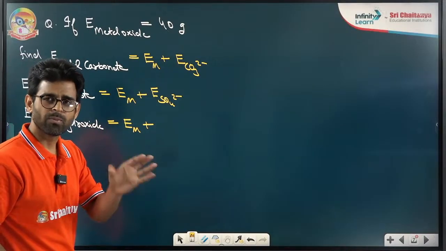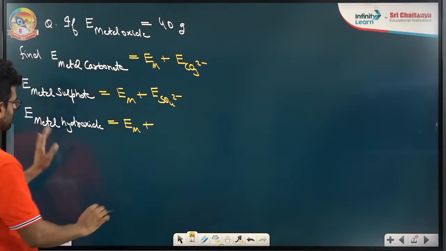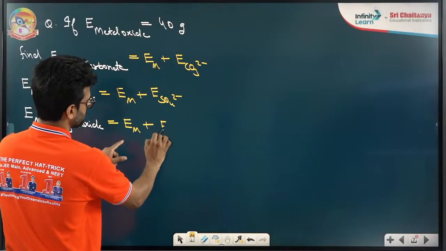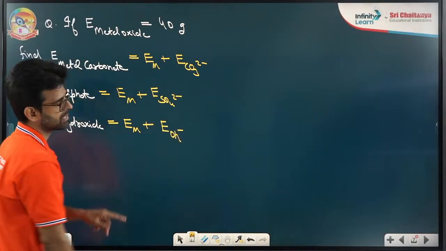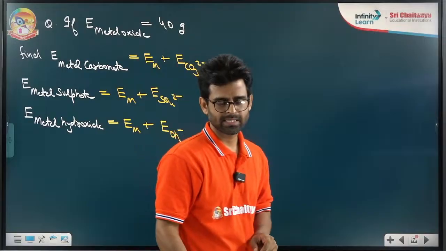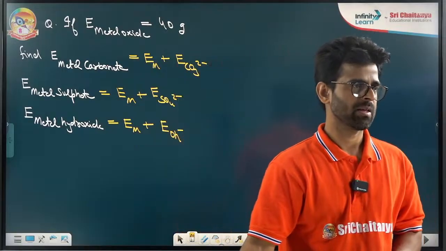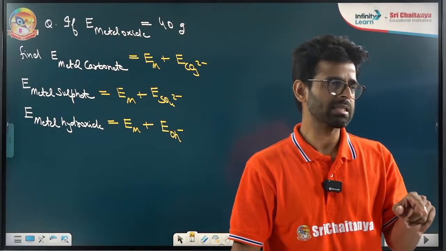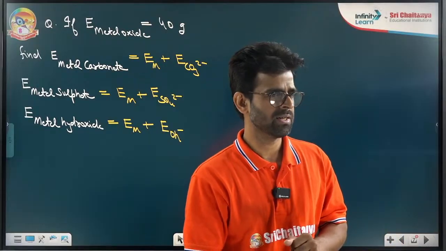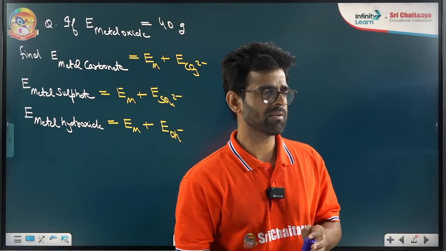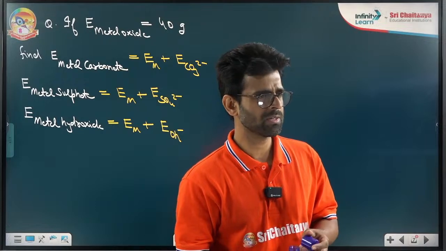I don't know the formula, but still I can find the equivalent weights. It is Em plus E of hydroxide ion, OH negative. For phosphate, you are saying 31.67 coming, right? That's good.